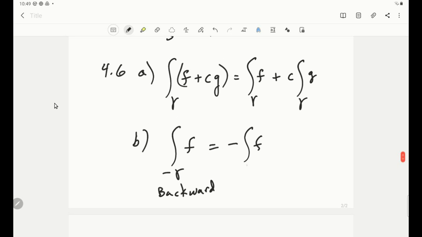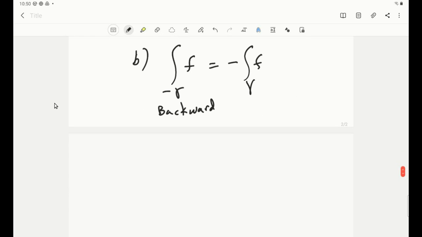So going backward over something just gives you the negative. Really the way to look at it is going opposite directions: one will give you a negative, the other will give you a positive, depending on what those directions were and what the functions were.